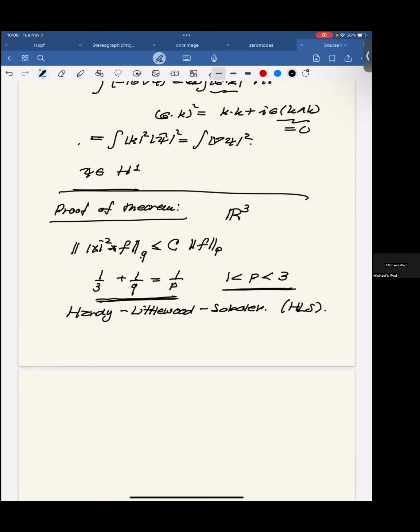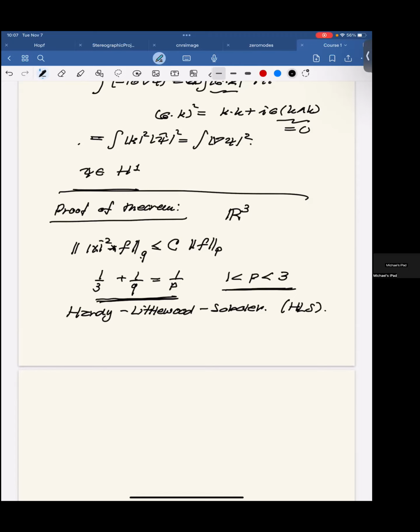So you notice that p, for example, cannot be equal to 1. And p can also not be equal to 3. That's impossible. p equals 3 would mean q equals infinity. 1 over modulus of x squared convolved with f is never in L infinity. I mean, most of the time, I should say.